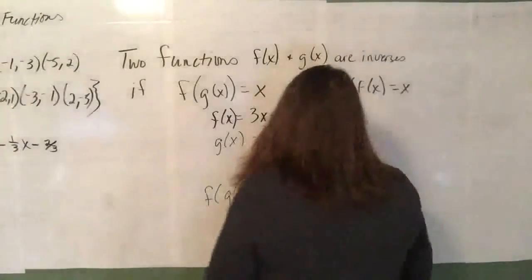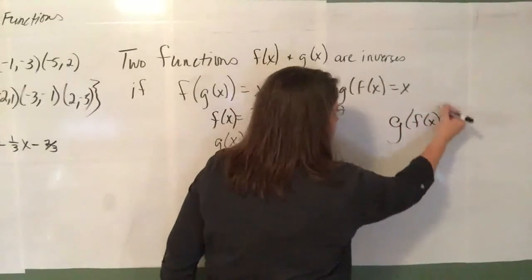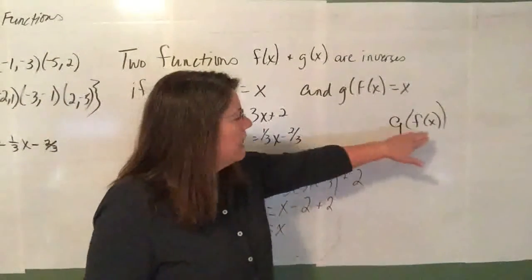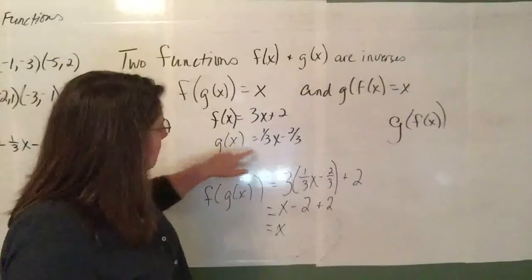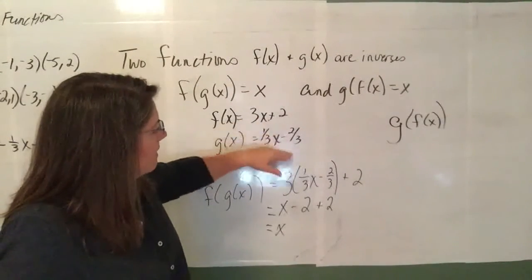I could do it the other way as well. I could find g of f of x. In this function, I'm going to take the g function, and everywhere I have an x in the g function, I'm going to plug the f of x function in for it.